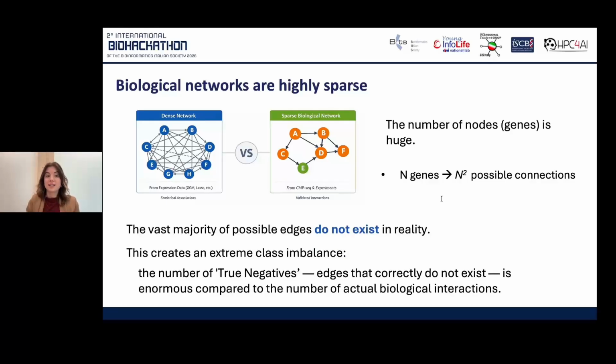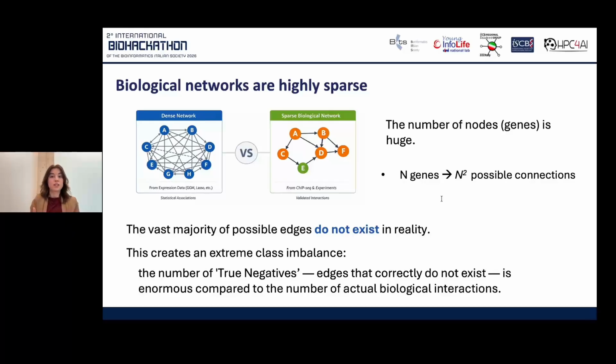So this creates an extreme class imbalance because the number of true negatives, the edges that correctly do not exist, is enormous compared to the number of actual biological interactions. So this sparsity tells us which evaluation metrics we should trust and which we should not.